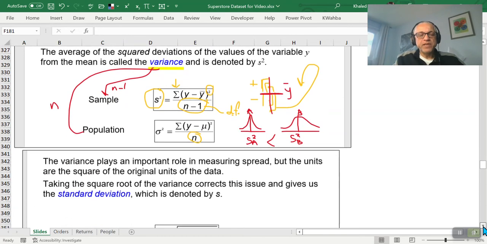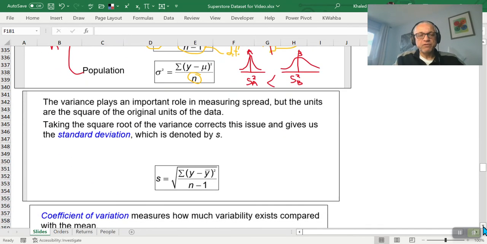If you take the square root of this value, you're going to get what is important for us here. It's called standard deviation. Standard deviation is one of the very interesting components, one of the things that we like very much to use instead of the variance. Why? Let us say that our data is in dollars.